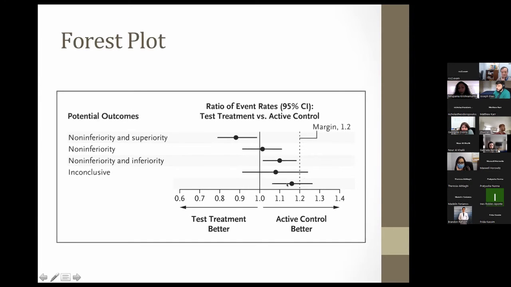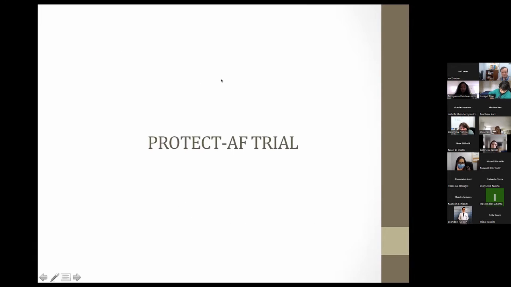So from a non-inferiority aspect, the confidence intervals cross 1.2. So then it'd be not non-inferior. So it would be both inferior and not non-inferior. Teresa has it in the chat. Yeah, great. Awesome.